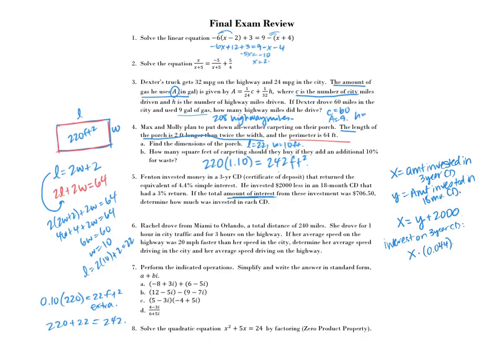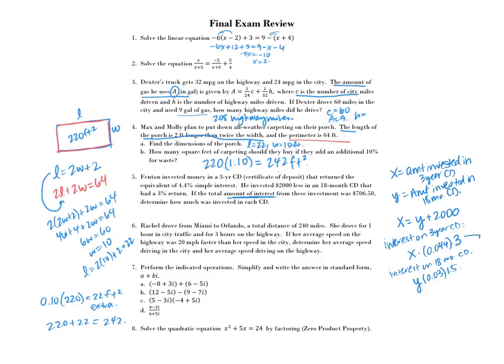It's a 3-year CD, so the time is 3. And the interest on that 18-month CD is going to be y times the rate, which is 3%, 0.03, times the amount of time. So 18 months is 1.5 years.